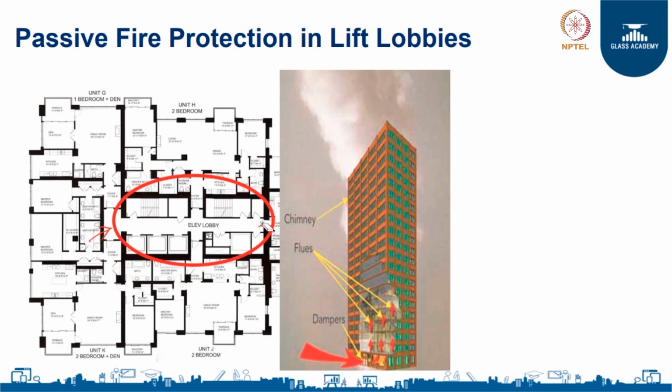You can see on both sides of the lift lobby how the floor plan has been laid out. Typically in such a floor plan you get out of the lift and you walk into your area of occupancy, but there is no door or fire resistant material which forms a barrier between the lift lobby and the area of occupancy.